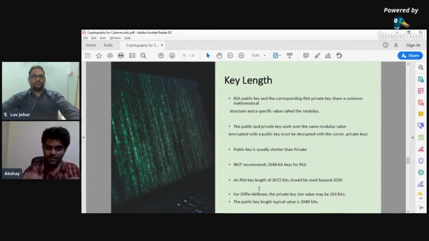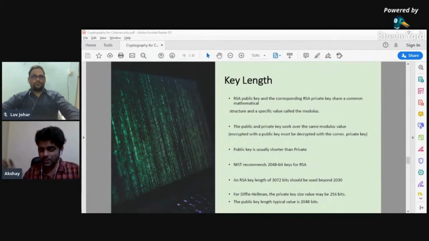Now, usually the public key is shorter than the private key. For RSA, now hear me out, NIST says that if you are going to implement an encryption mechanism or strategy that is going to last till the year 2030, you should use 2048-bit keys.